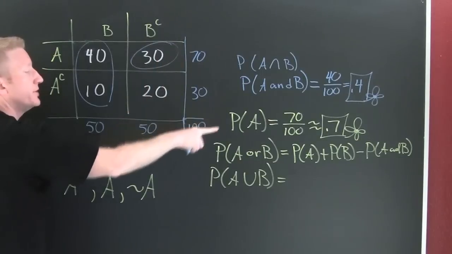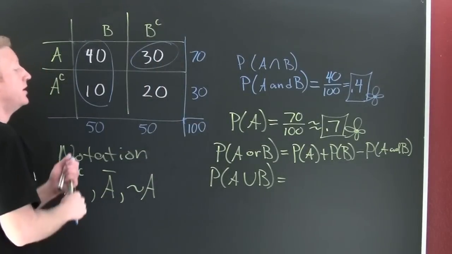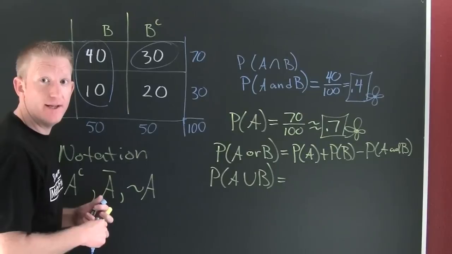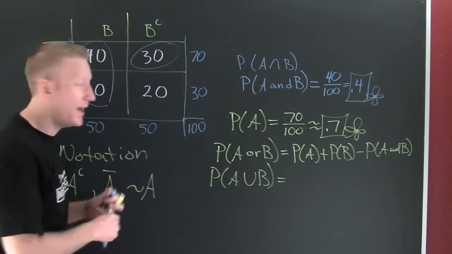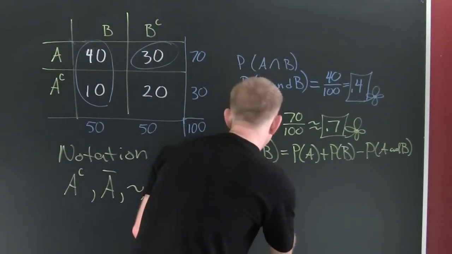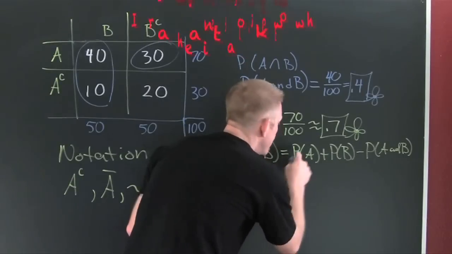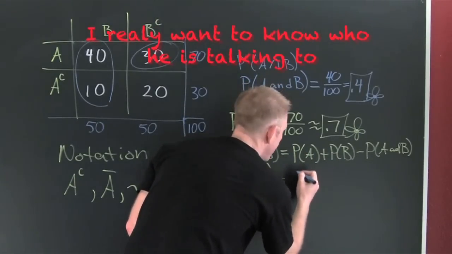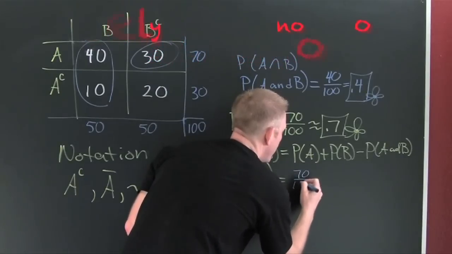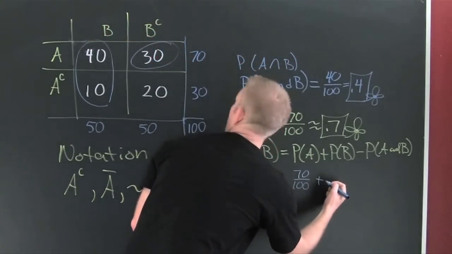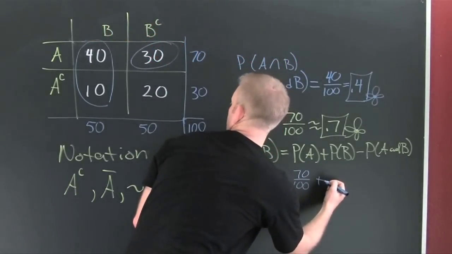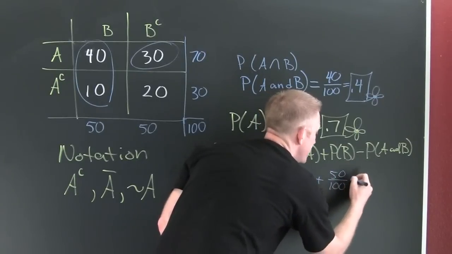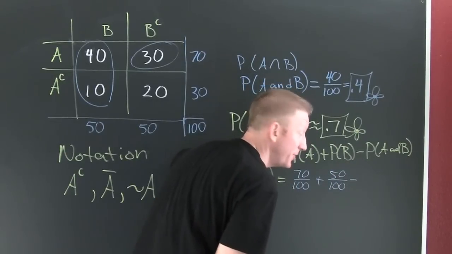Anyway, let's go through and use the probability or additive rule. So now I'm down here talking about A or B. The probability of A, that was 70 over 100, plus the probability of B, 50 over 100. Subtract off the probability that they both happen.